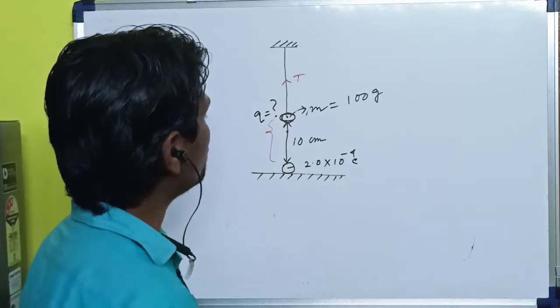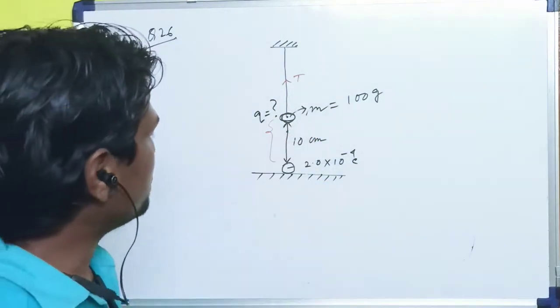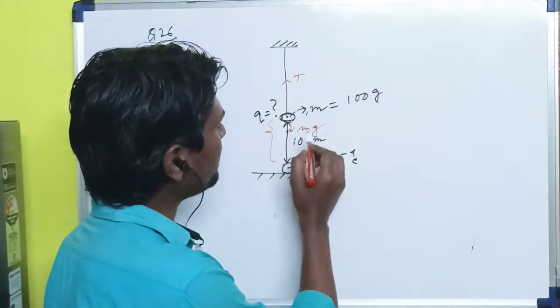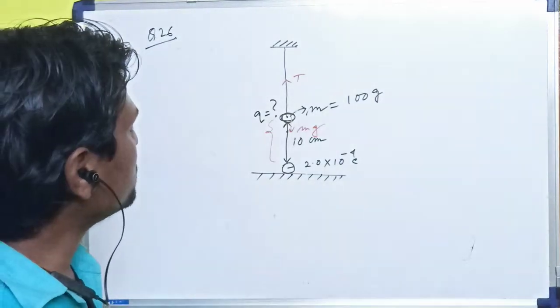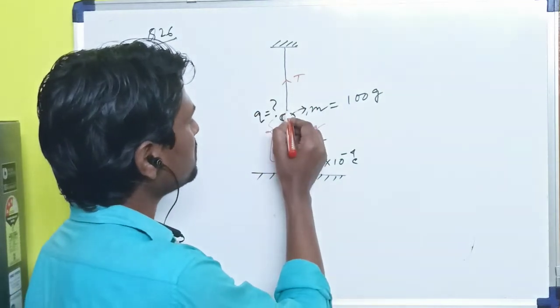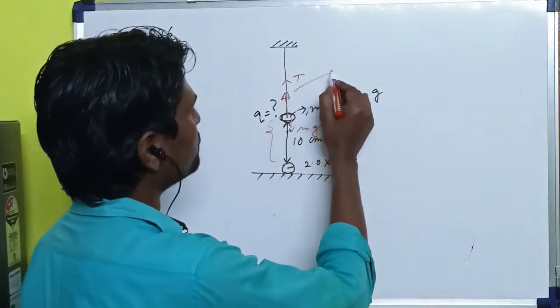You have to calculate what different forces act on that particular bob. The first one is mg, because it is hanging from a particular point. So mg acts in the downward direction, and these charges repel with a Coulombian repulsion force. Then what is the amount of this force?